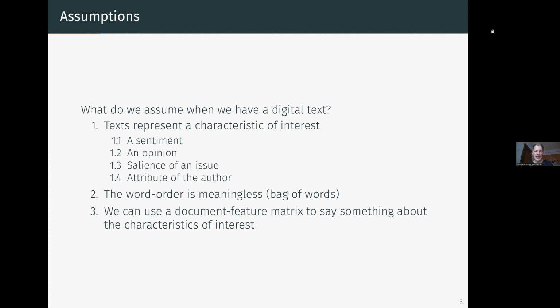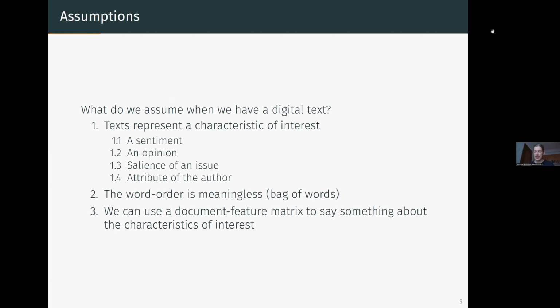Now, the second one is something that's currently being challenged. For a long time, you would say that word order is roughly meaningless. This was known as the bag of words. We have a document and we basically do word counts. We just count each time each word occurs, and we make it into a data frame.